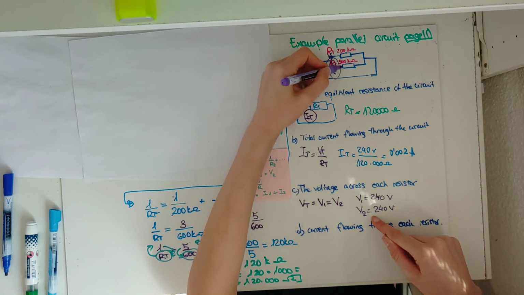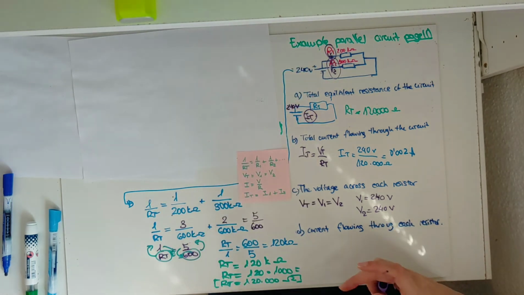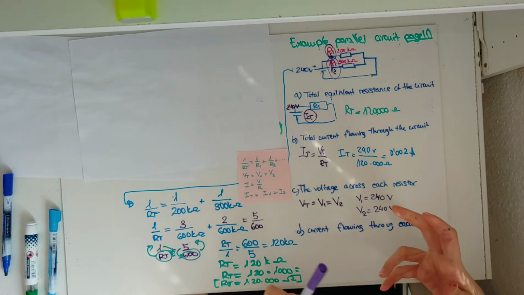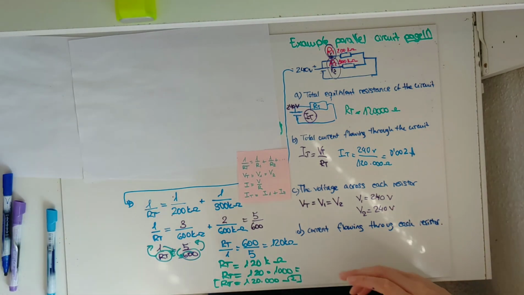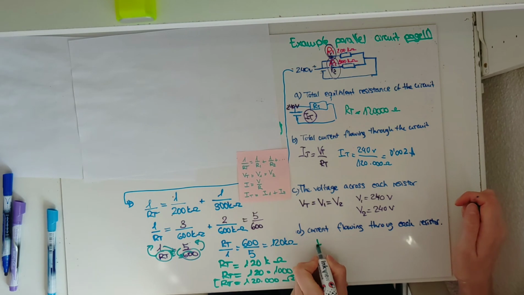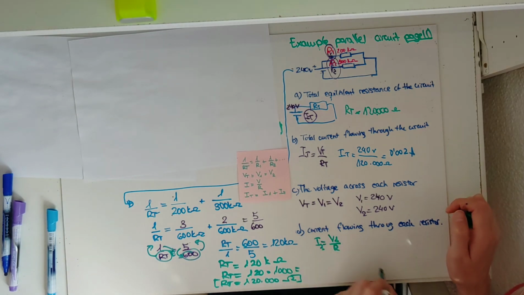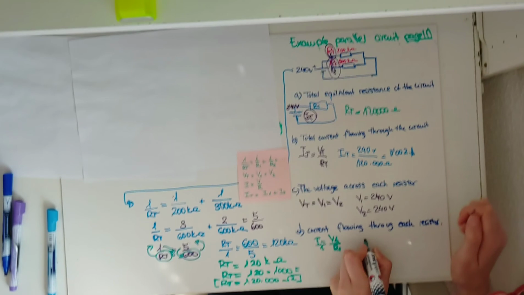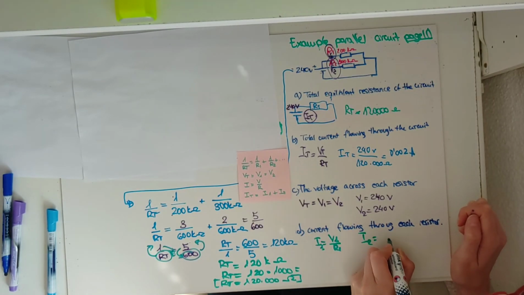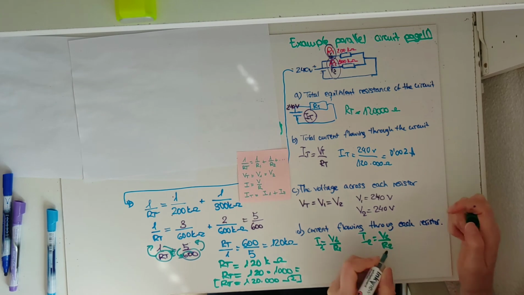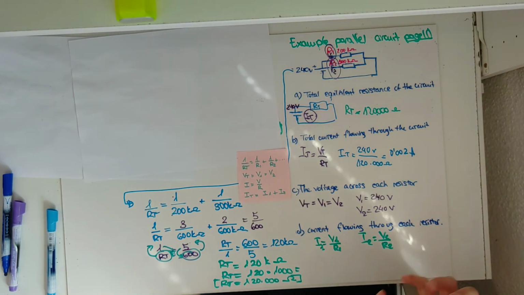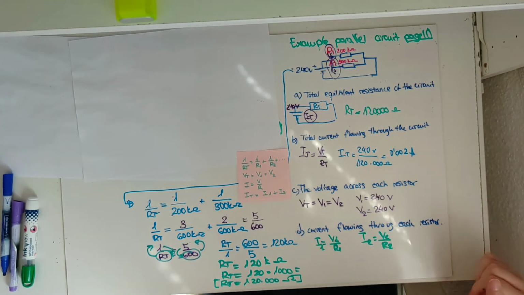So how can I get the current? With the Ohm's law. The current in the first one is the voltage of the first one divided by the resistance of the first one. In the second one is the voltage of the second one divided by the resistance in the second resistor. Let's see.